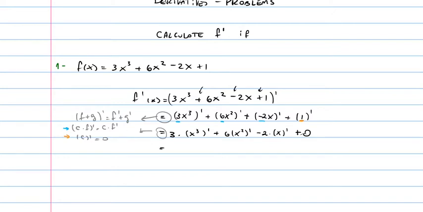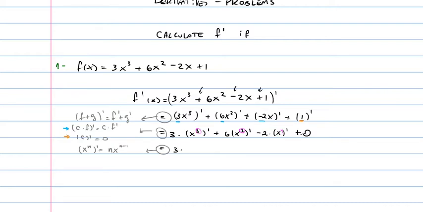And now we will use something we have proven in our last video, and that is that the derivative of x to the power n is just n times x to the power n minus 1. So we're going to be using that in all these powers. 3, 2, and here is power 1.